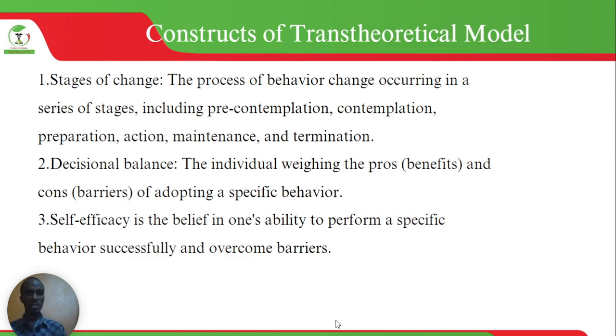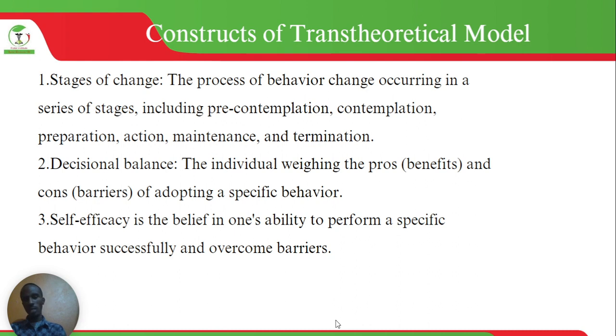So the constructs of this trans theory model is the fact that number one, stages of change, whereby we acknowledge that the process of behavior change occurs in a series of stages, which include pre-contemplation, contemplation, preparation, action, maintenance, and termination. Then construct number two is decisional balance, where an individual weighs the benefits and the barriers of adopting a specific behavior.